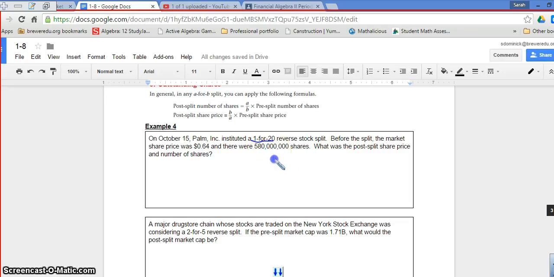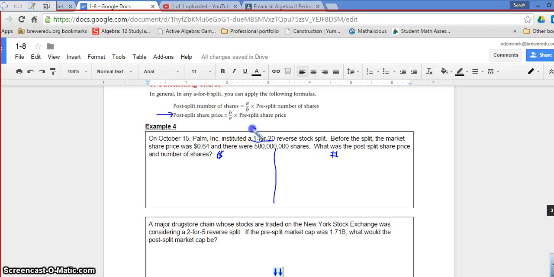So I'm going to kind of separate this. This is going to be price, and this will be number of shares. We have two equations up here. I'm going to use this one first to do the price. If you look above, it says for any A for B split.